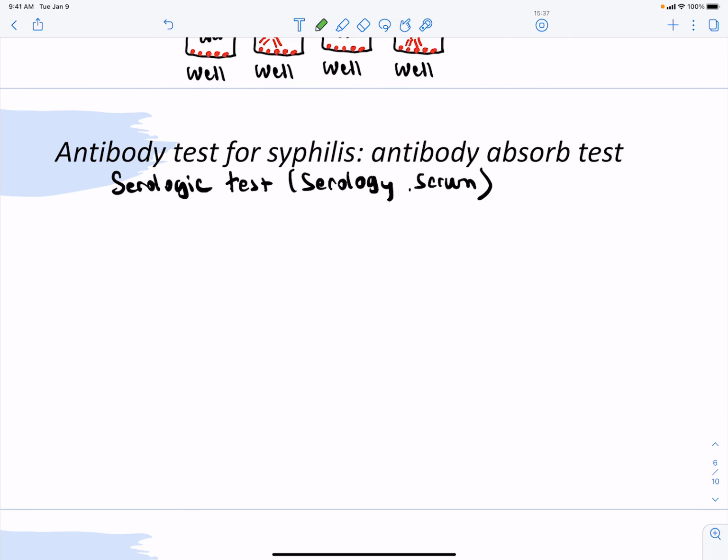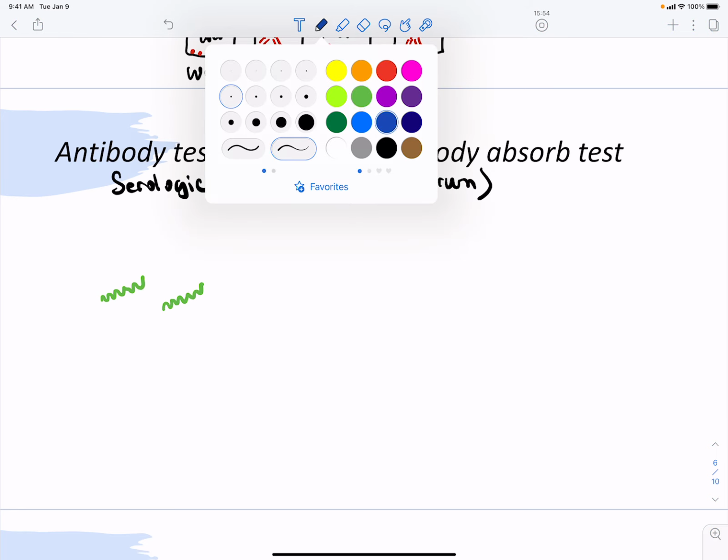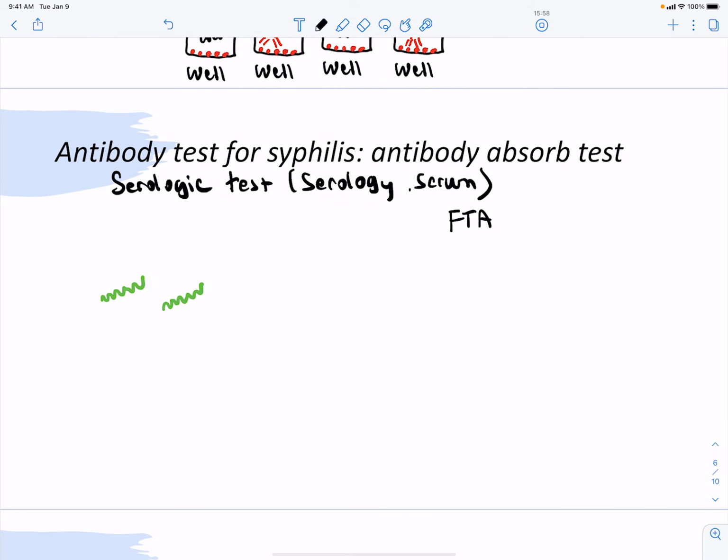So you have a spirochete bacteria, and you can use a fluorescent antibody absorb test called FTA-ABS. This is the fluorescent treponemal antibody absorption test.